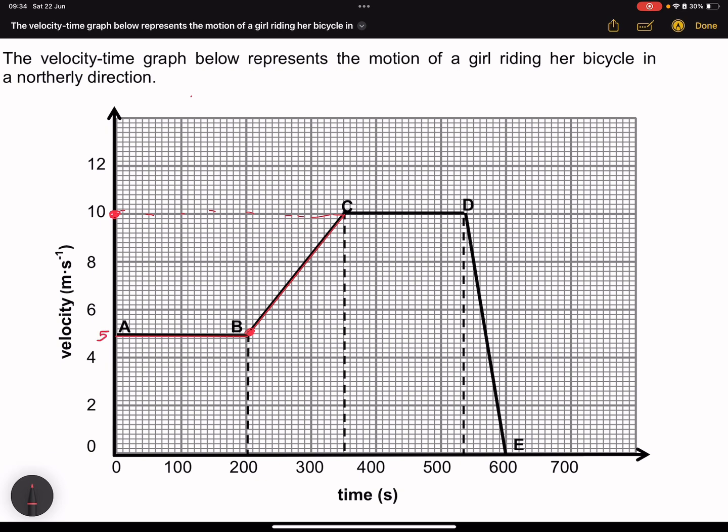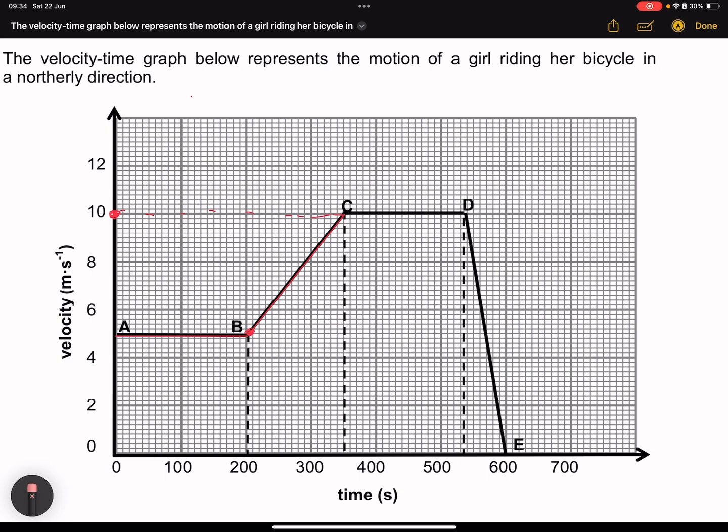So that is 5. Her velocity was 5 initially. So this is 4.2, 4.4, 4.6, 4.8, and that's 5. It's actually increasing in 0.2 in that case.